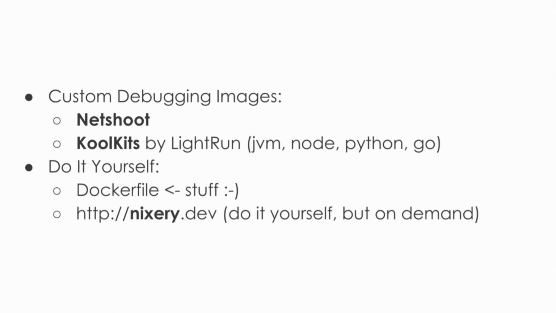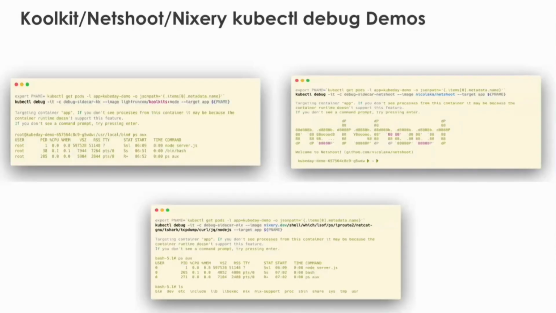Then there's also a set of debugging images by Lightrun. They're called Koolkits. They support several runtimes, and we'll use the Node runtime. And in the do-it-yourself bucket, one of the nice things you can use is Nixery. You can build a debugging image on the fly by specifying the packages you want, and we'll see it as well.